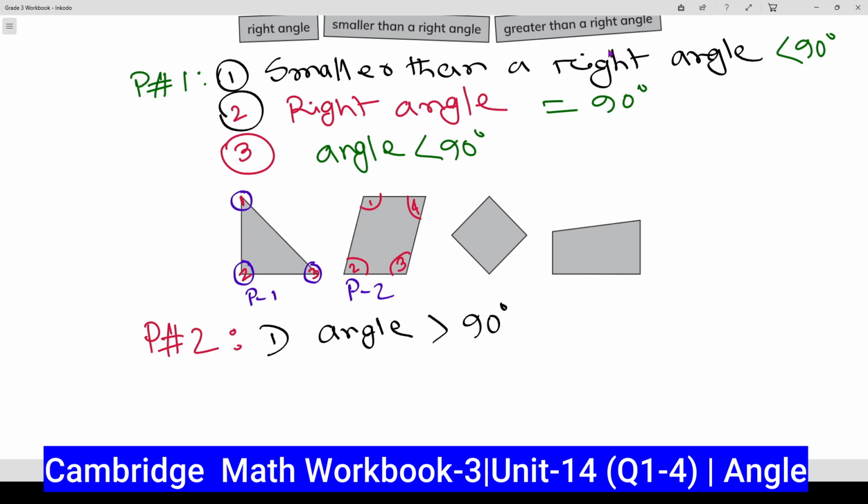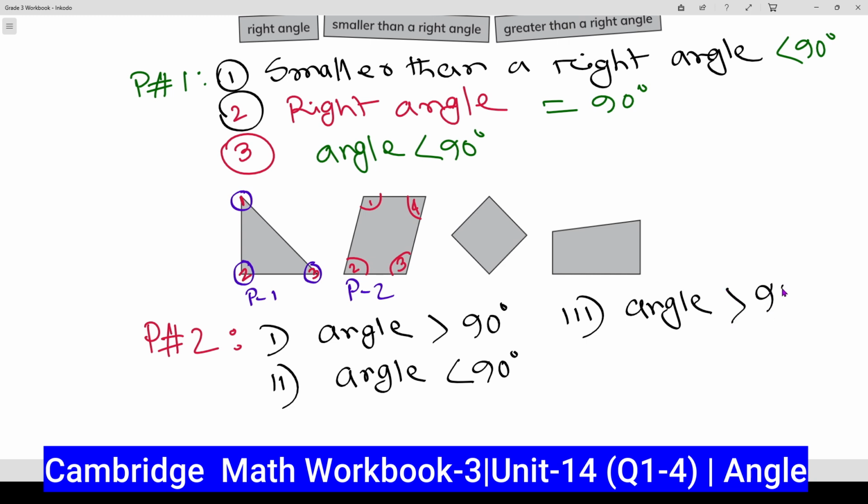It means greater than a right angle. 2, angle less than 90 degrees. 3, it's an angle greater than 90 degrees. 4, it's an angle less than 90 degrees.